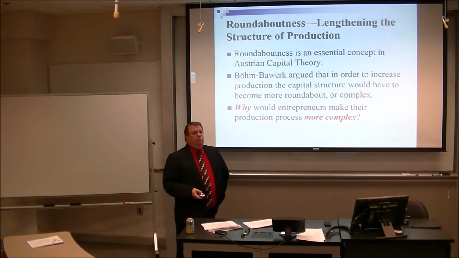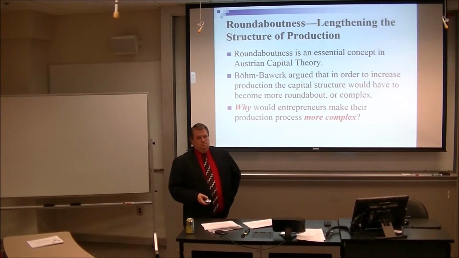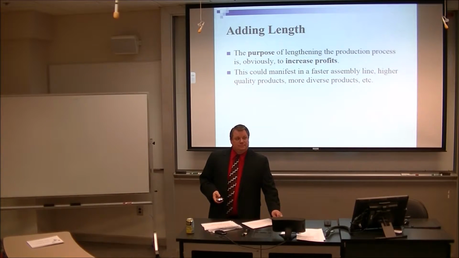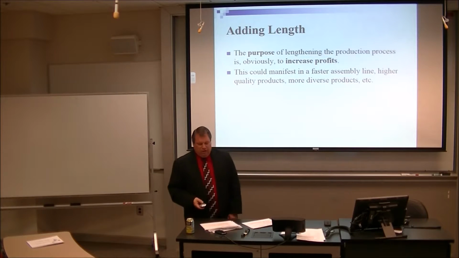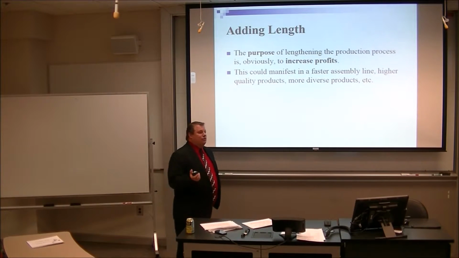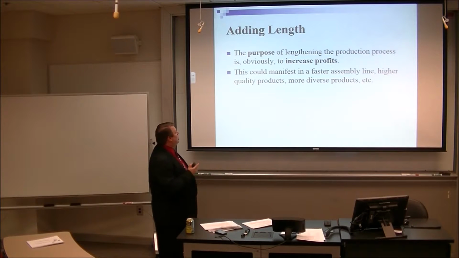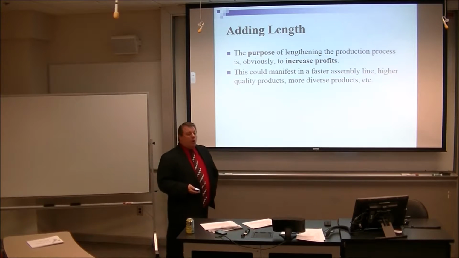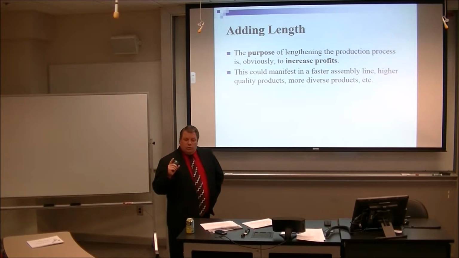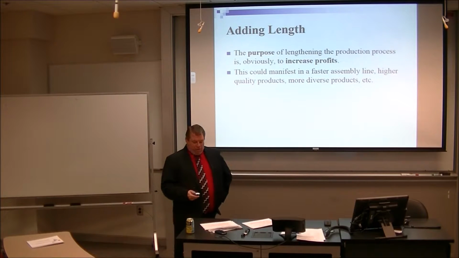Now, why in the world would an entrepreneur do this? Why would they want to make it more complex? Well, obviously, the purpose of lengthening the production process is to increase profits, right? That's why we do it. We want more profits. Now, this could manifest in a faster assembly line, higher quality products, more diverse products, right? Any number of reasons, but the reason is more profits.